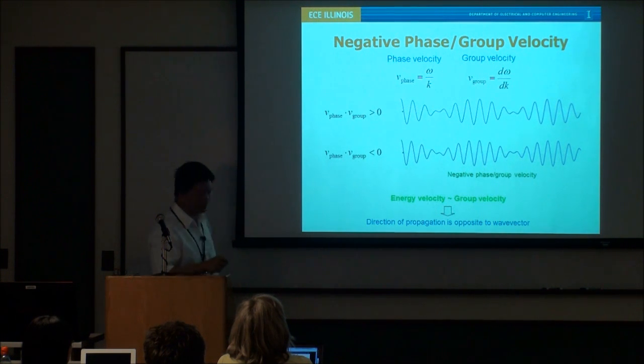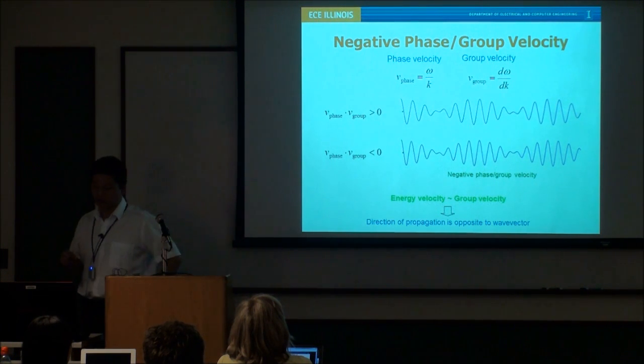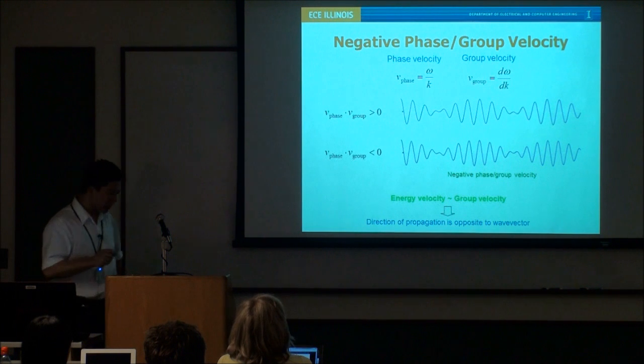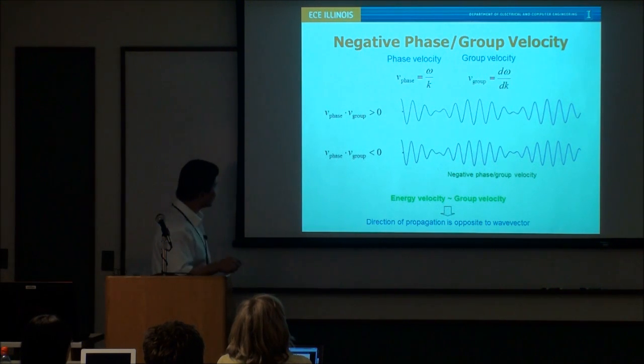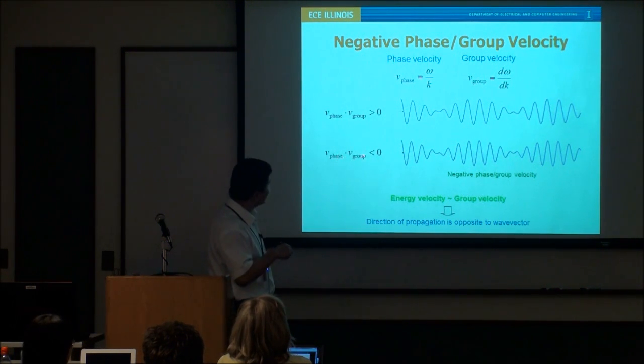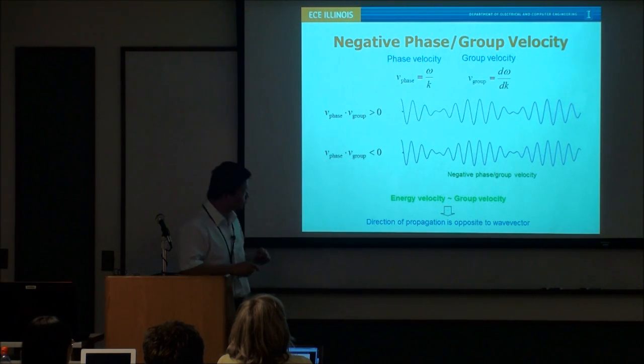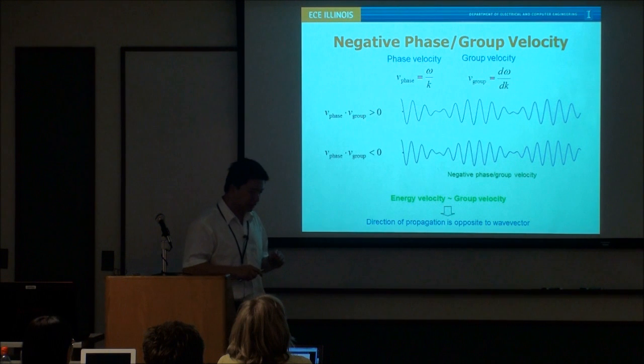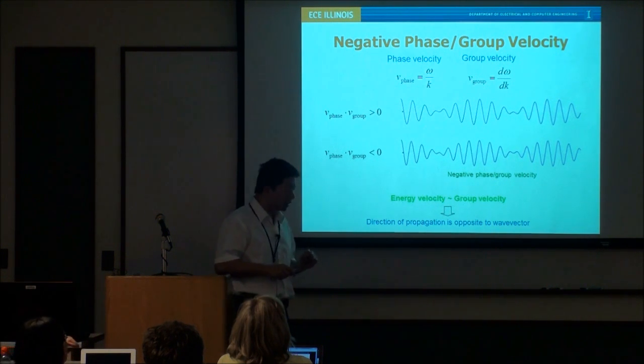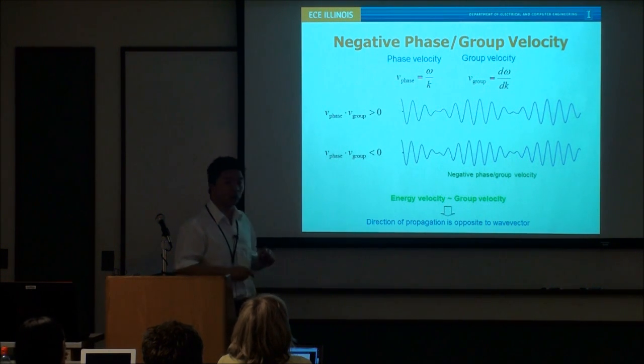But if you have a metamaterial with double negativity, then it's possible that your phase velocity and group velocity have completely opposite directions, which means your energy flow has the opposite direction of your wave vector.